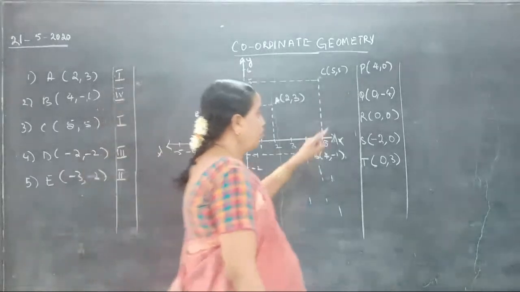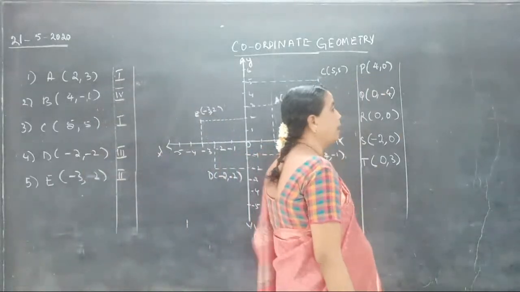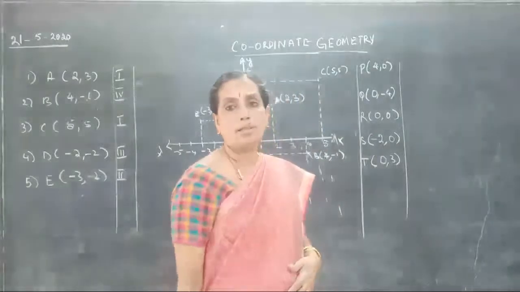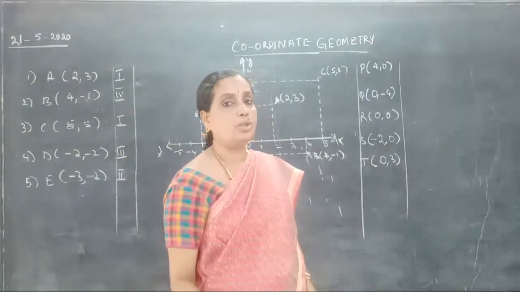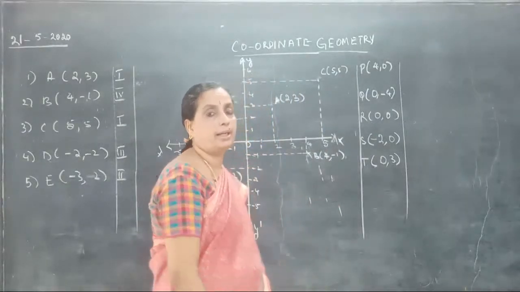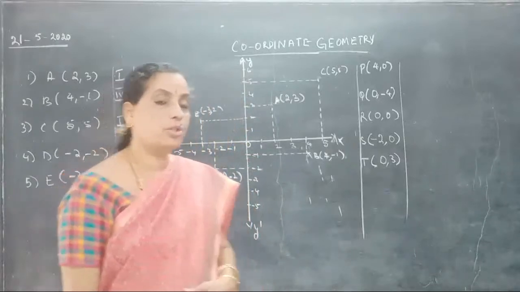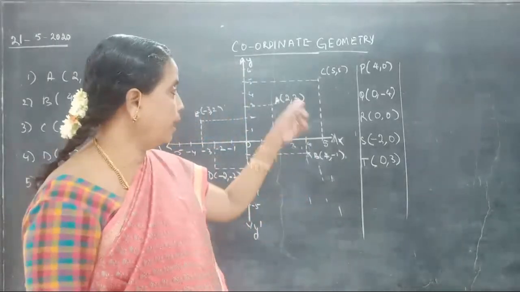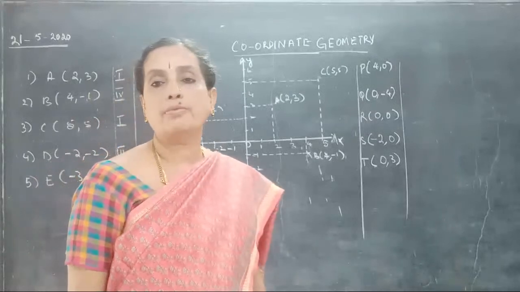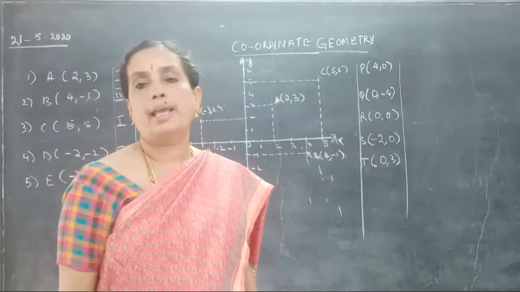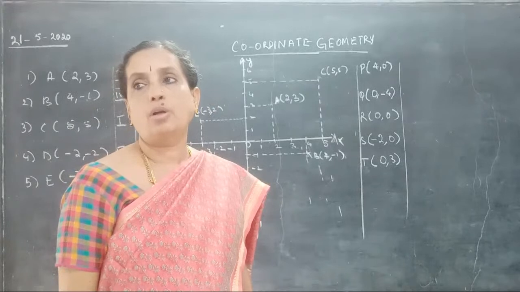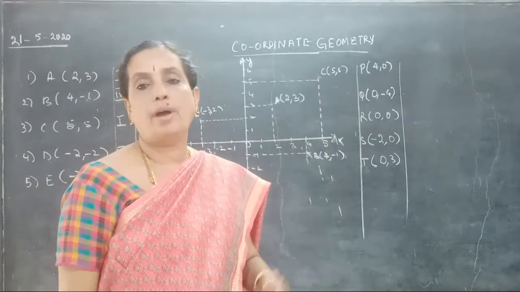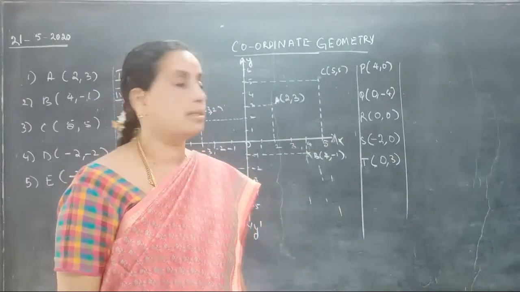So by seeing the point P, we can guess that 4 comma 0 is on the positive x-axis, on the right side of the origin. Second one, 0 comma minus 4, is below the x-axis, along the y-axis, the negative y-axis.